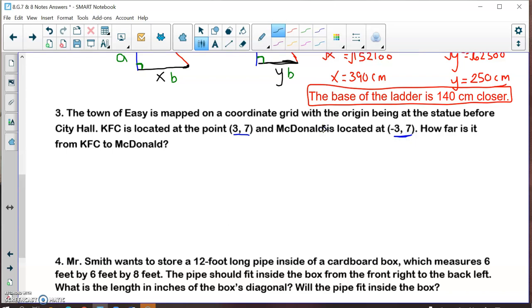How far is it from KFC to McDonald's? So what we want to do is, we aren't given a graph, so we're going to find the rise and the run. Now the rise is the difference from your y values. Well, from a 7 to a 7, that's a rise of actually 0.